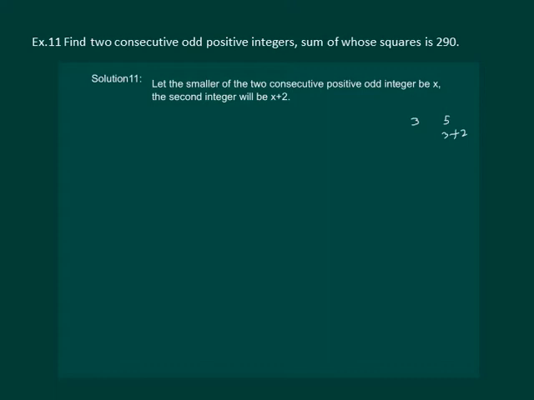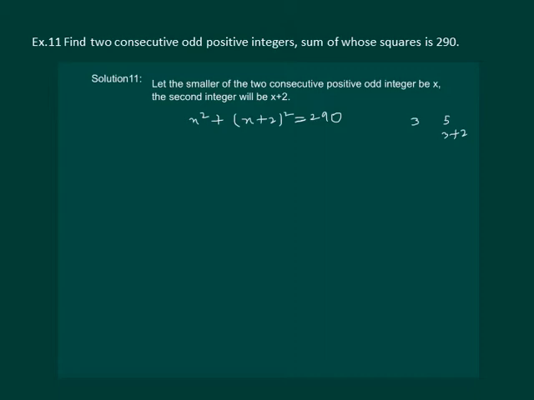So we start by assuming, let the smaller of the two consecutive positive odd integers be x and the second will be x plus 2. It is given that the sum of whose squares is 290, that is x square plus x plus 2 whole square is 290.